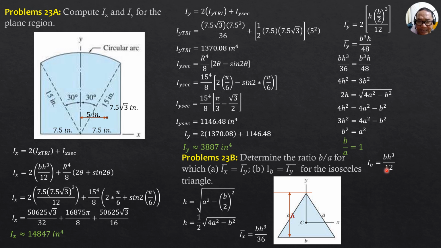Then equate that to I barred y, which is b cubed h over 48. Then we get 4h squared equals b squared. And substituting the value of 4h squared, which is 4a squared minus b squared, then we have 2a squared equals b squared. Extracting the square root and forming the ratio b over a, then b over a equals square root of 2.